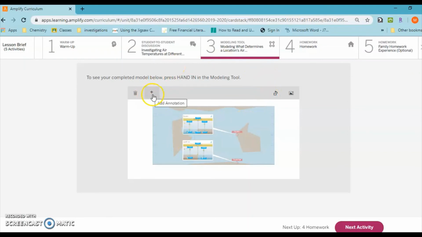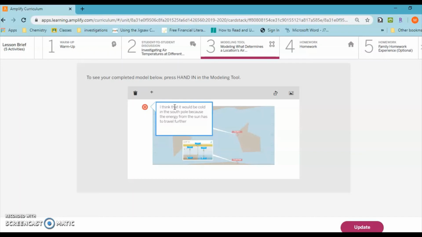And then once again, if you want to add any annotations, if you want to describe it. So for example, I think that it would be cold in the South Pole because the energy from the sun has to travel further.